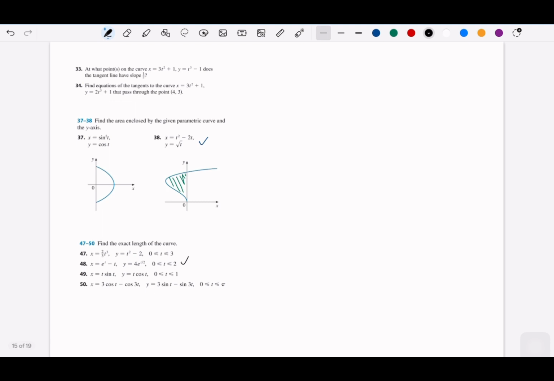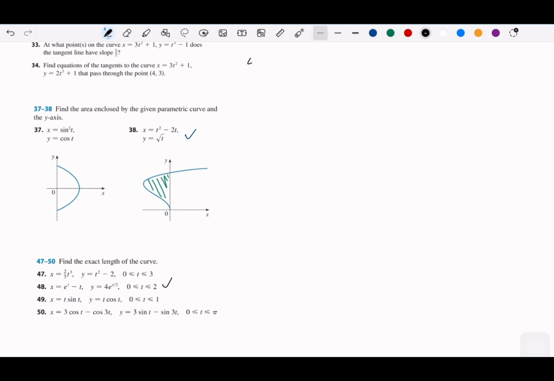So 48 is, let me write here. We have x equals e to the t minus t, and y is 4e to the t over 2, and the range is from 0 to 2. Because there is nothing more in the information, we can directly go through the arc length formulation.